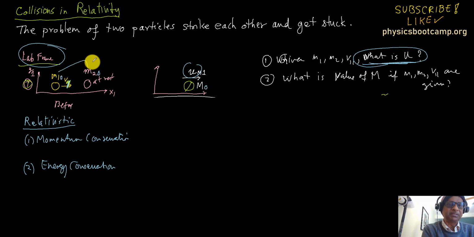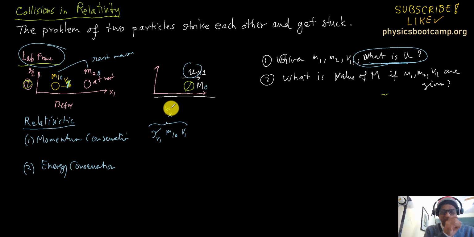So momentum conservation: the momentum of this will be non-zero, the momentum of this will be 0. So it will be gamma v1 m10 v1. This is the x momentum for particle 1, and the other one is 0 because it's at rest. Its v is 0.